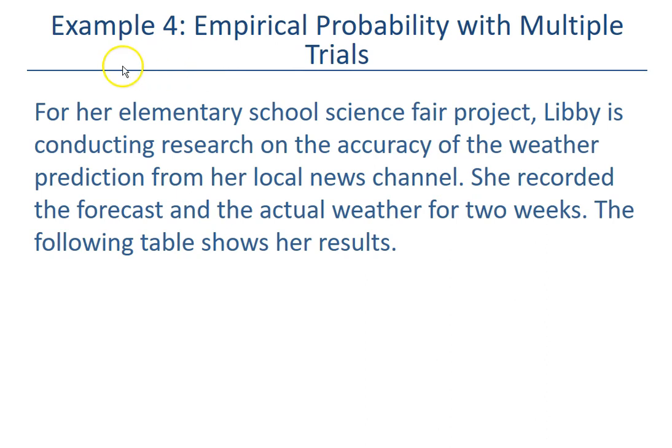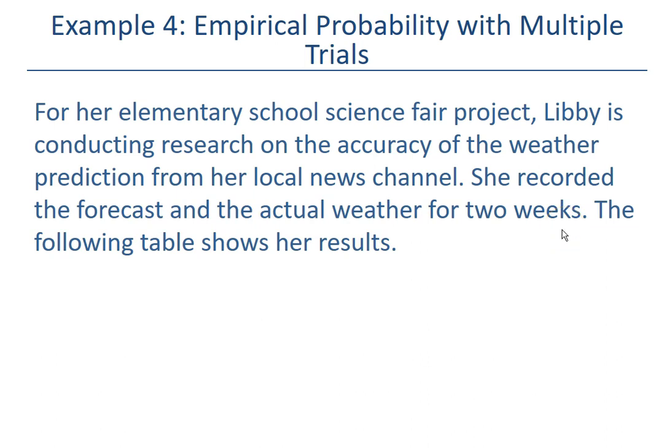All right, let's take a look at example 4. For her elementary school science fair project, Libby is conducting research on the accuracy of weather prediction from her local news channel. She recorded the forecast and the actual weather for 2 weeks.